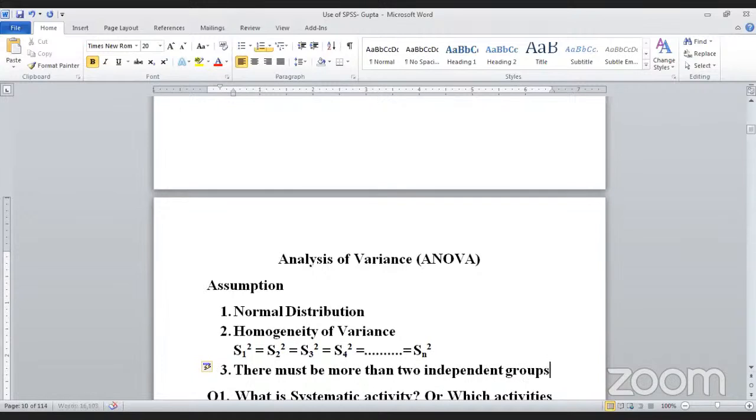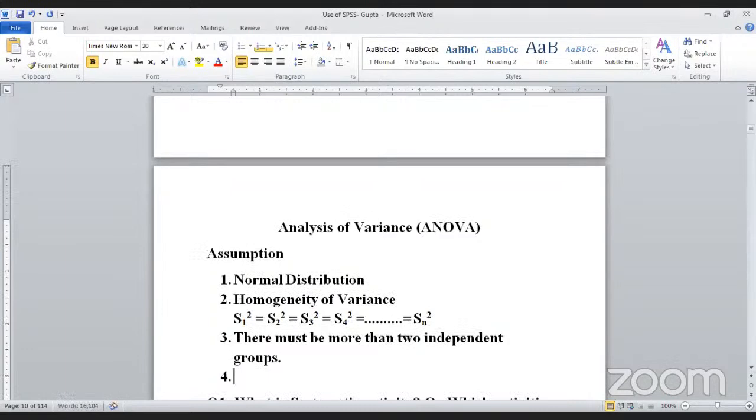Because if you have two independent groups, then you can use the t-test, or even if you want to use one-way ANOVA, you can use one-way ANOVA, no problem at all. That is up to you.